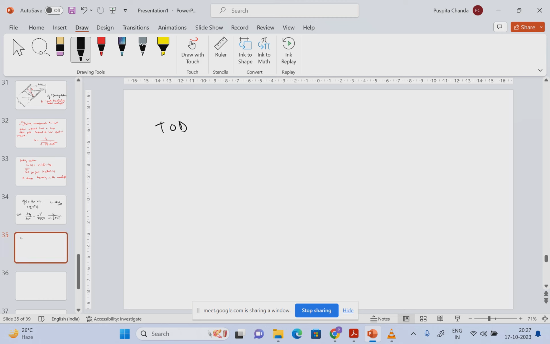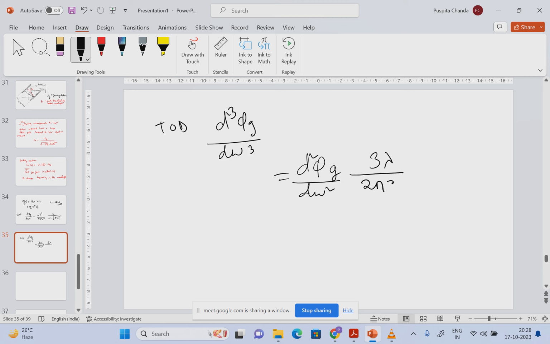And the third order dispersion is equal to lambda by 2 pi c, one plus lambda by d tan theta, and so on.